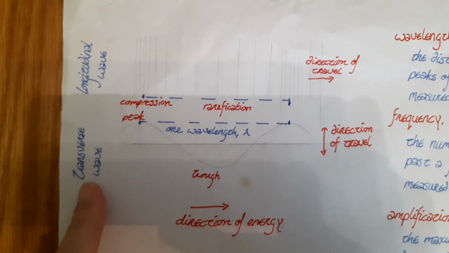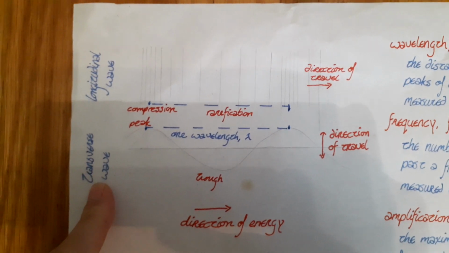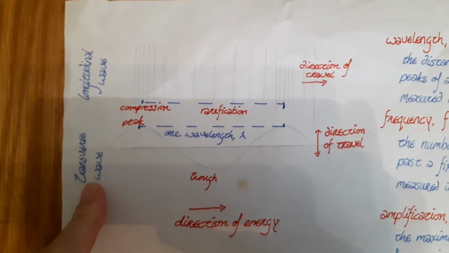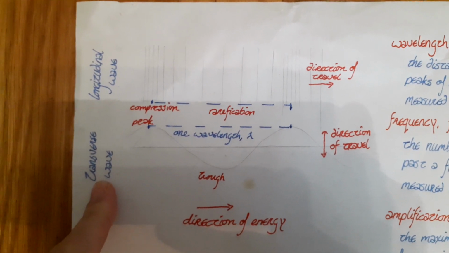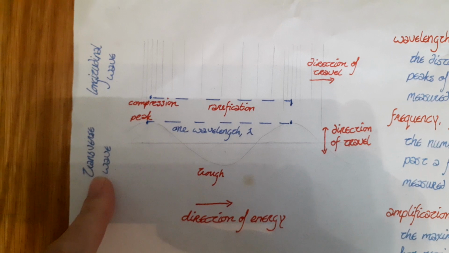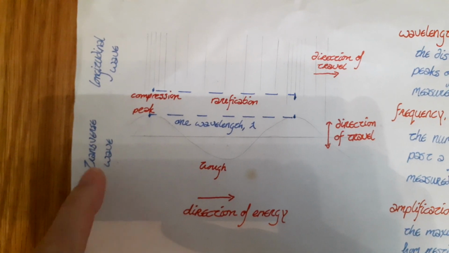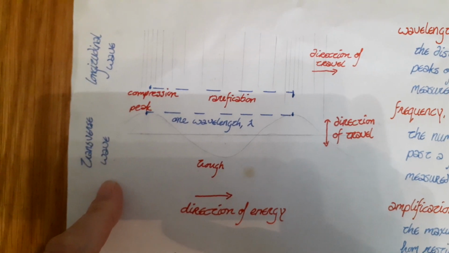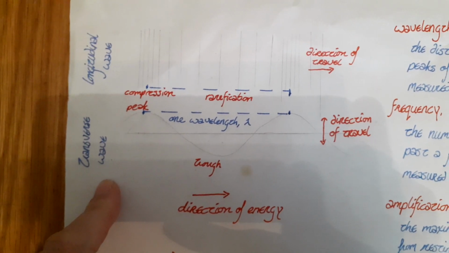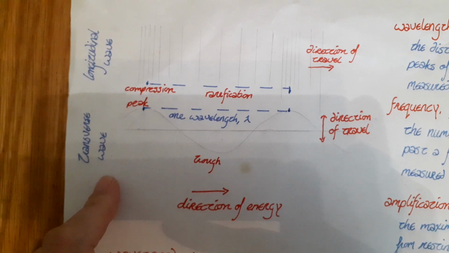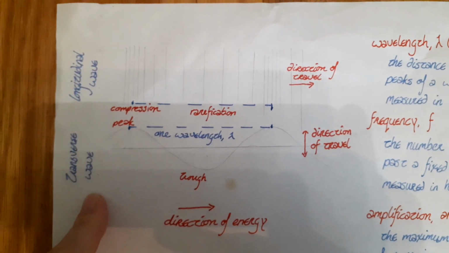With transverse waves, we can see a certain part of the electromagnetic spectrum. Different animals can see different parts of the spectrum. So a bee, for example, can see ultraviolet as a colour. Just as we can see red and orange and blue and violet, they can also see ultraviolet.